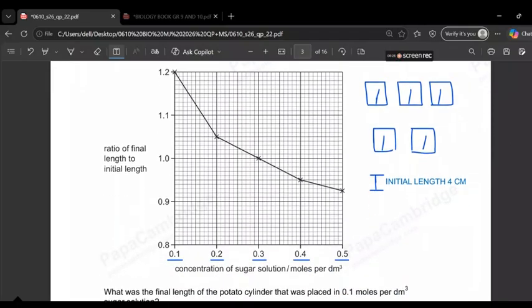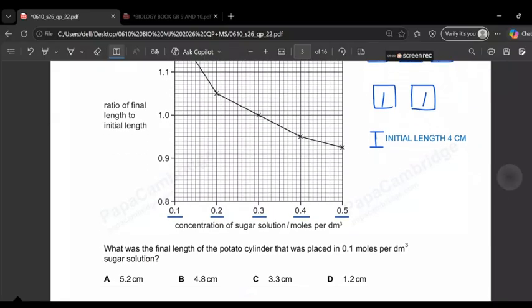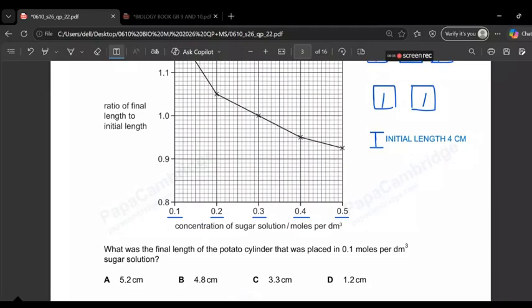Now you have put the potato cylinders in each sugar solutions, and you need to find out what was the final length of the potato cylinders that was placed in 0.1 moles per cubic decimeter. Looks like you need to know about this.